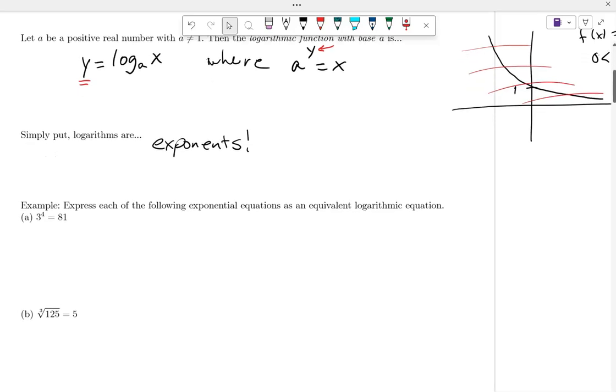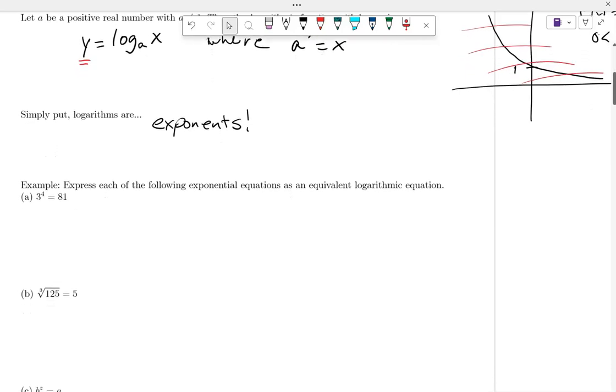So let's practice this a little bit and rewrite what we refer to as exponential equations into an equivalent logarithmic one. All right? Let's look at this first one. In particular, let's look at the left-hand side of the equation and ignore the equals 81.